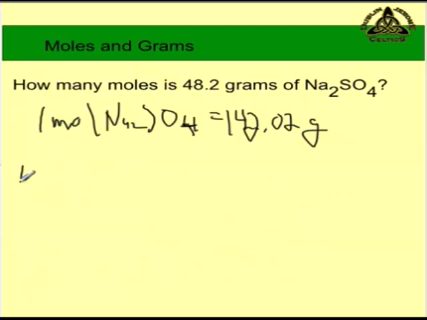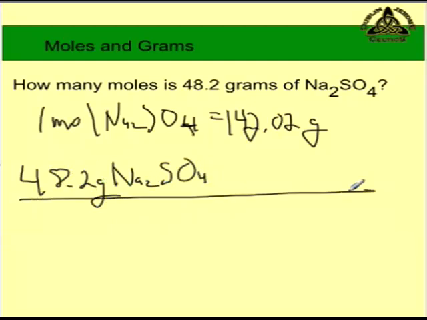So let's start by writing down 48.2 grams of Na2SO4. And let's let dimensional analysis guide us along. So I have to put grams of Na2SO4 here.